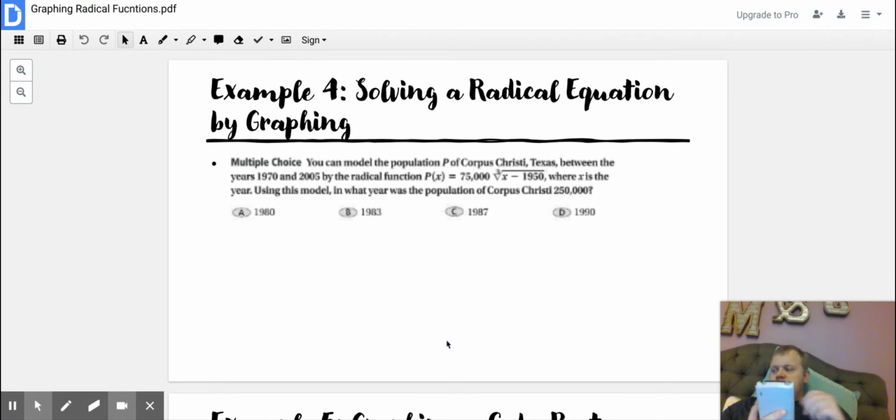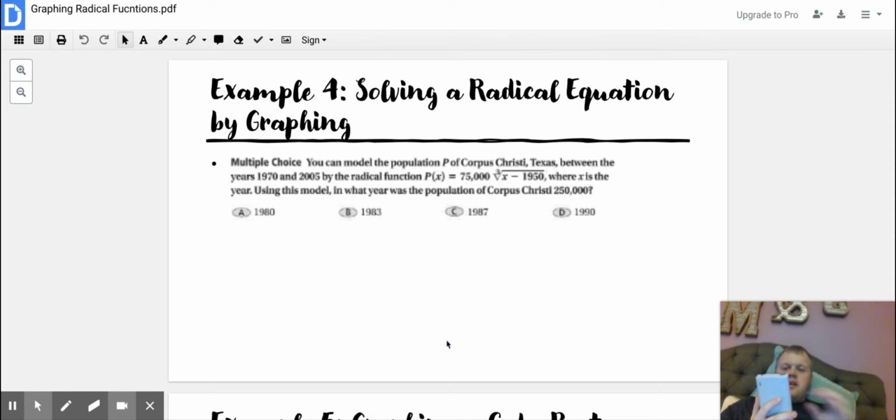Okay, so I go to y equals here, and you can type in the same thing with me here. So I'm going to do 75,000, then parentheses, x minus 1950. And instead of doing the cube root there, I'm going to do that in parentheses and then raise it to the 1/3 power.